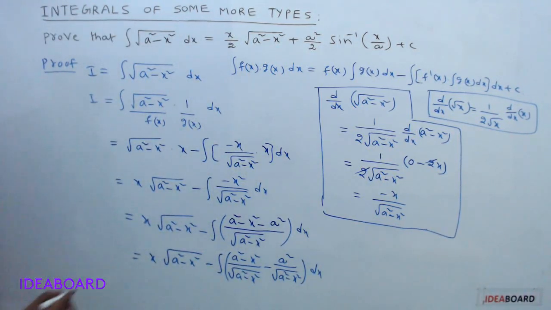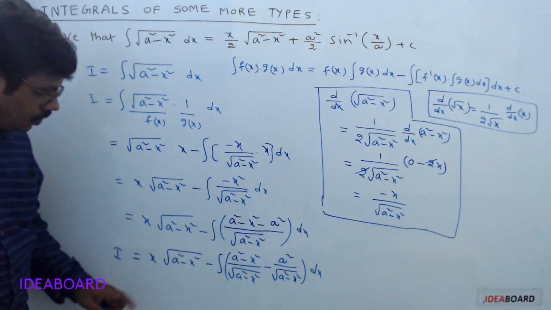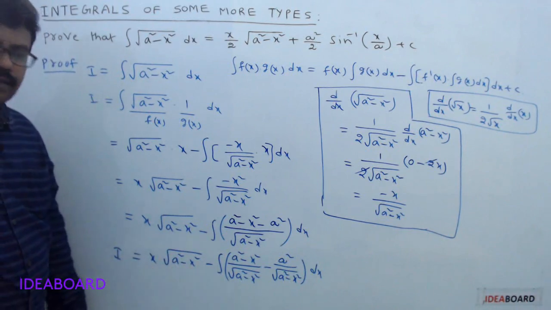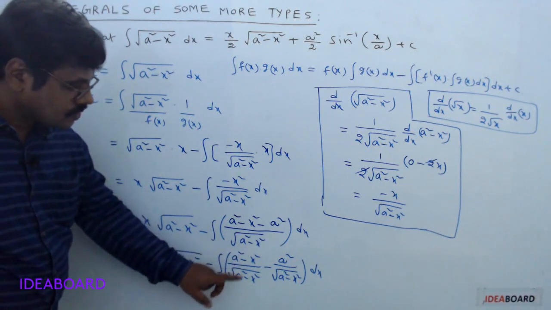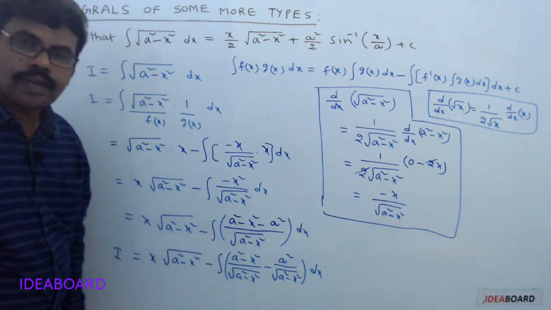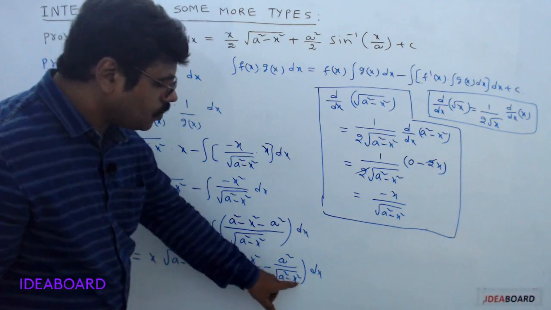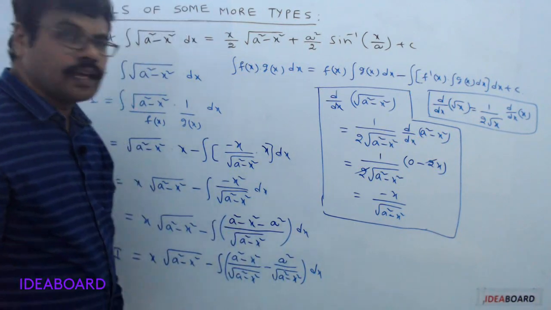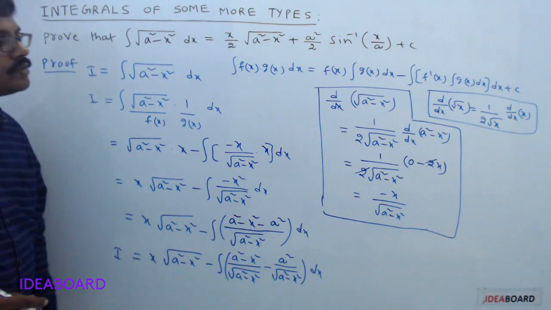Now the corresponding LHS part is I. So I equal to x into root of a square minus x square minus integral of a square minus x square divided by root of a square minus x square minus a square divided by root of a square minus x square dx. First write down these steps, then we will discuss the continuation.